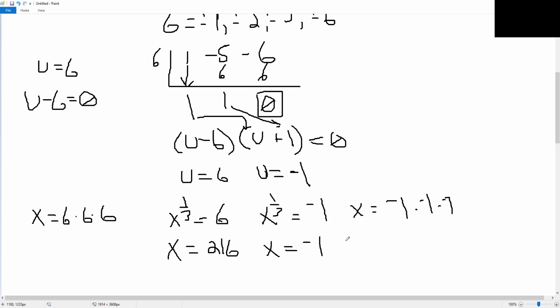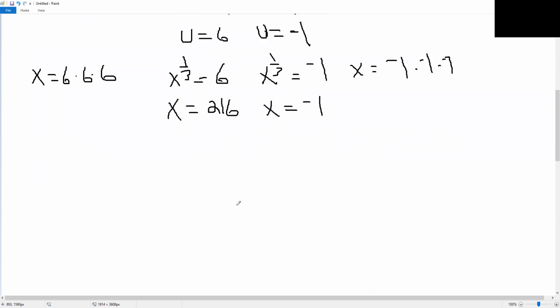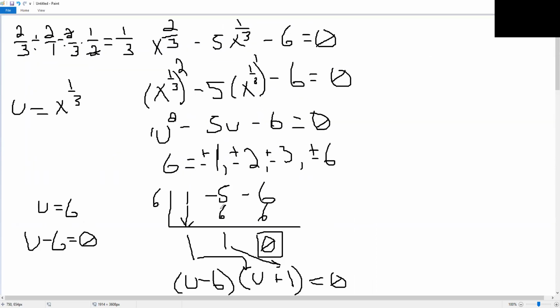Okay, so we found our x values. We just need to check our work. So we'll be using this original equation here, x to the 2/3.